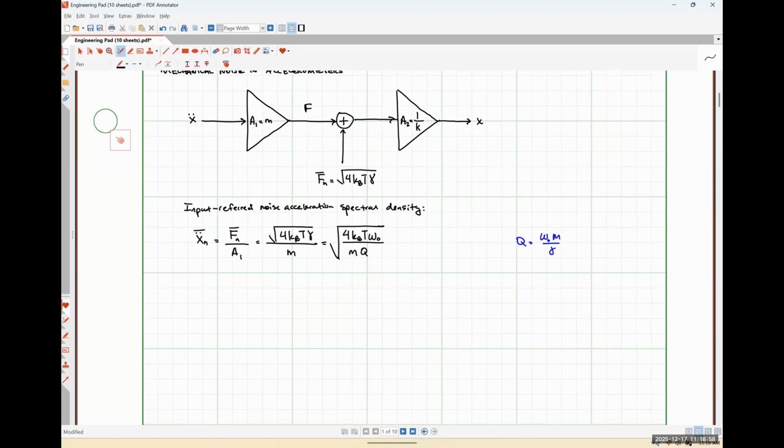However, Q is related to mass as well, right? So in order for us to raise our Q, we would have to raise our mass. And so we're going to get into a situation where we're going to have to make our system so large trying to lower the noise that it's no longer a MEMS-based device, essentially. Okay.